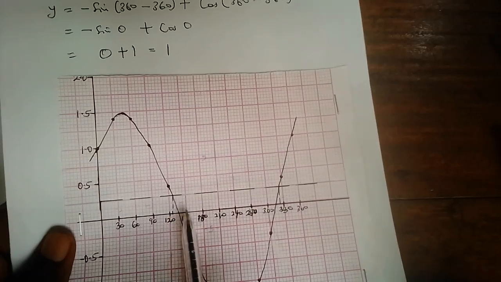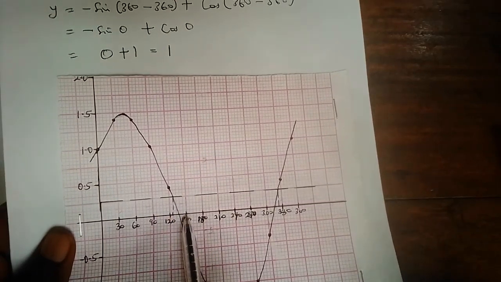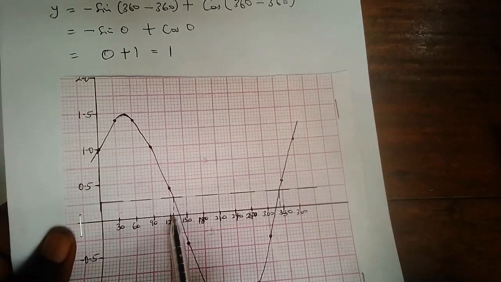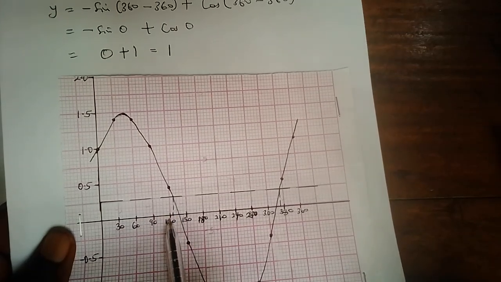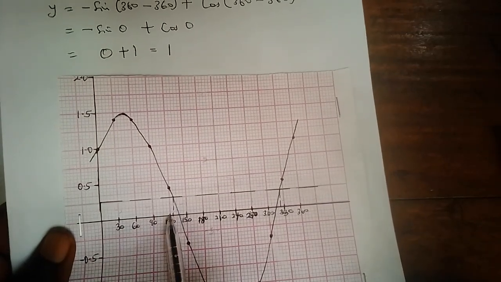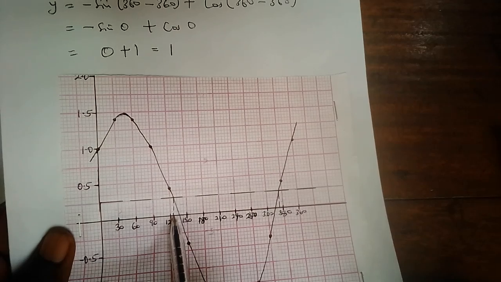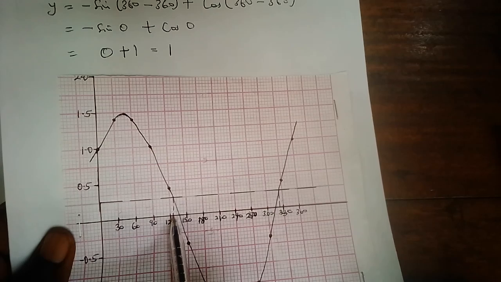Now, on my x-axis, I use 1 centimeter to represent 30 units. So it means one of the lines is 6 degrees. So now here, I'm having 120, after 120, the line is here after the first line. So 6 plus 120 is what? 126.